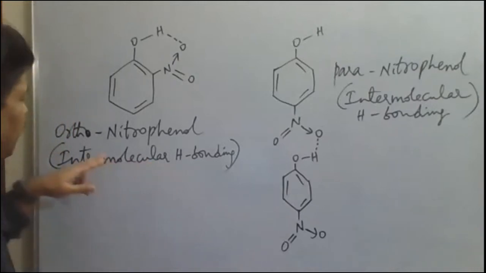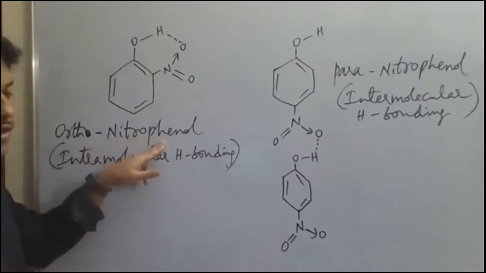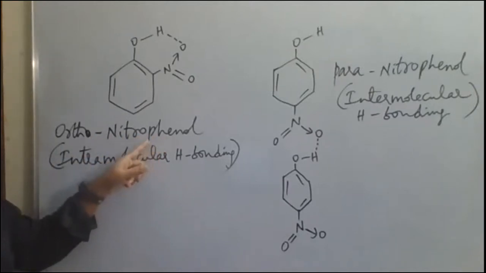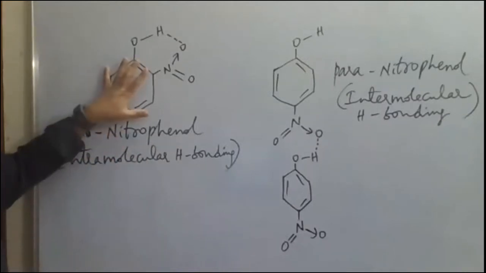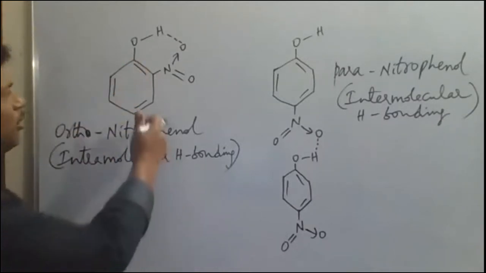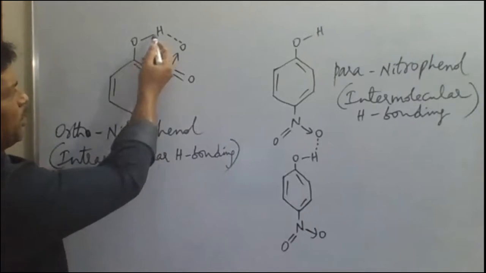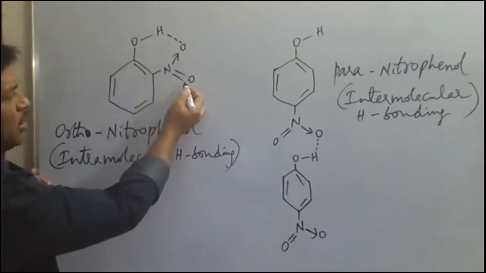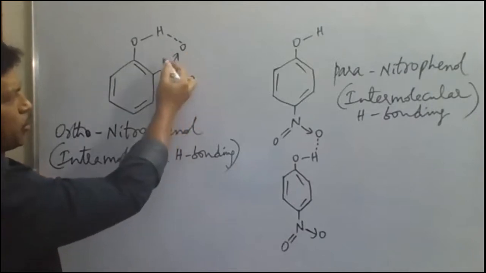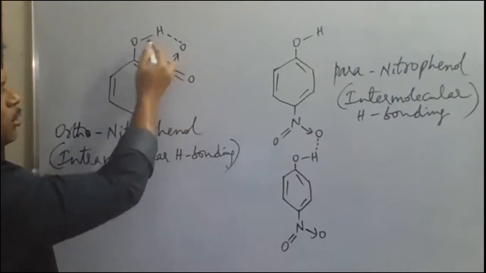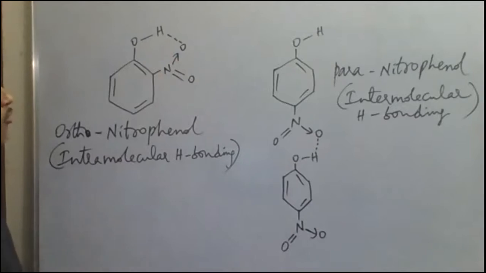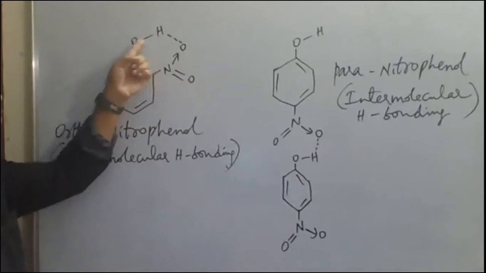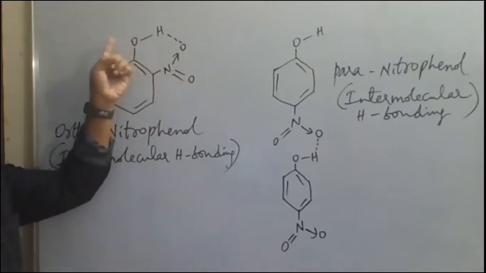Here, if you take orthonitrophenol, with a benzene ring, I told you yesterday that the OH group is the principal functional group, and the NO2 group is the substituent. When both OH and NO2 groups are present, OH is the senior group.